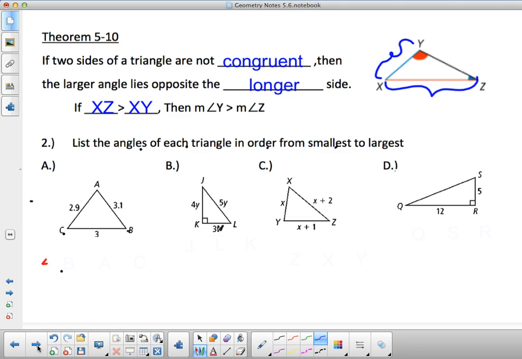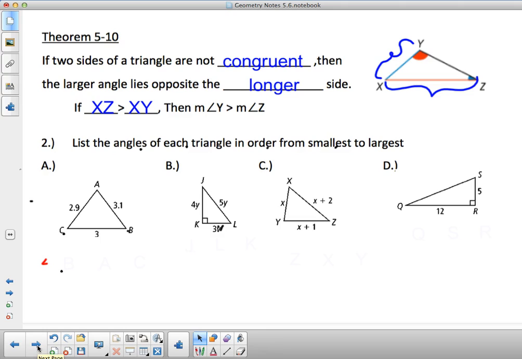And we kind of already knew that the larger side's opposite the largest angle, or the larger angle's opposite the larger side, because of right triangles. The hypotenuse is the largest side. It's opposite the largest angle, okay? So it's always something that's been there, but no one's ever said it, and now we've said it. We talked about the elephant in the room.